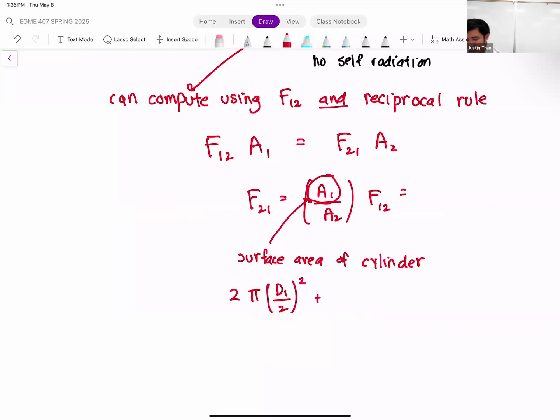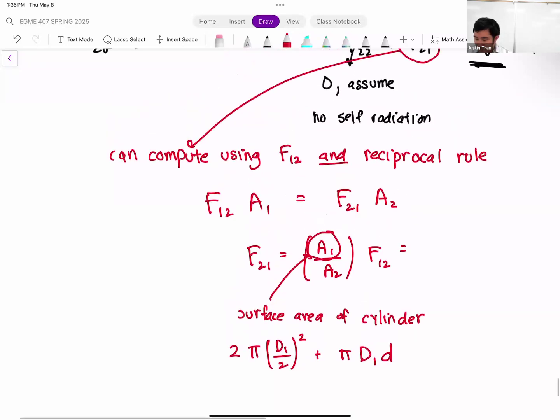That's the area of the caps. Then to that, you need to add the area of the lateral surface, which is pi times d1 times, I believe, the variable we used for the depth into the page, little d.